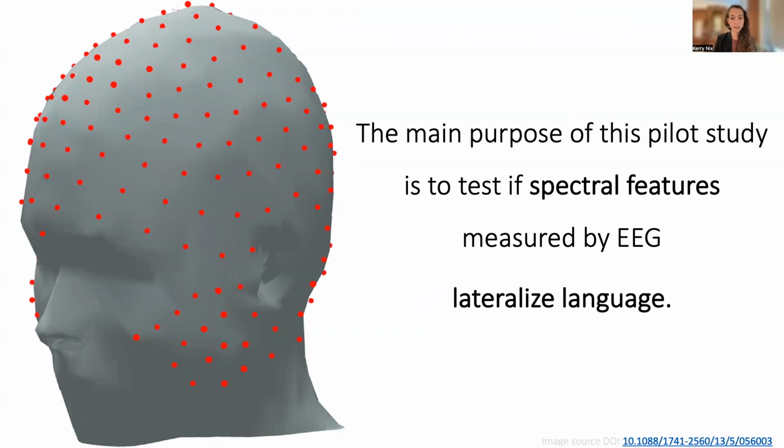Positive ERSP values, called event-related synchronizations, indicate increased power compared to baseline, while negative ERSP values, called event-related desynchronizations, or ERD, indicate a decrease from baseline power.